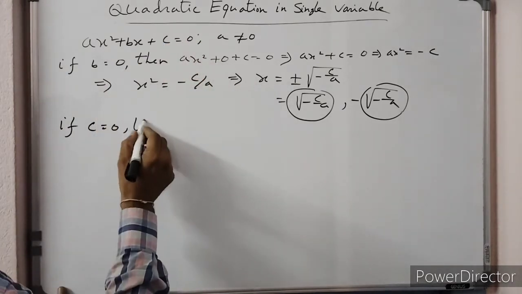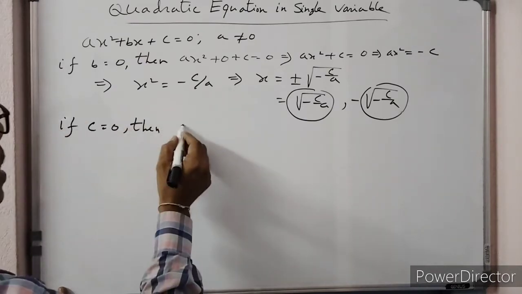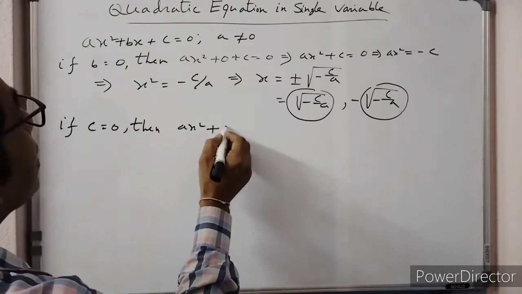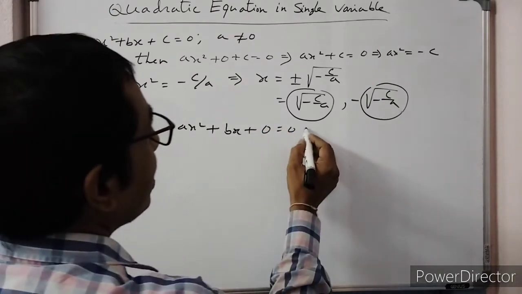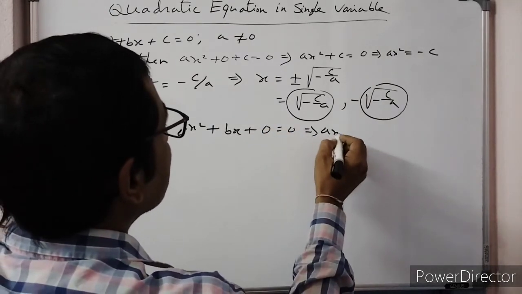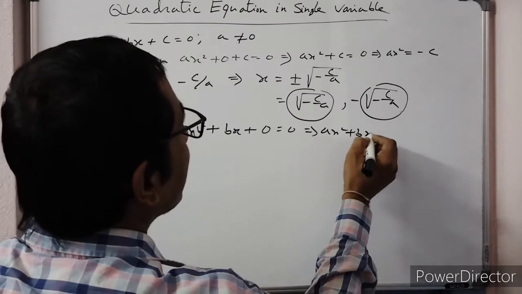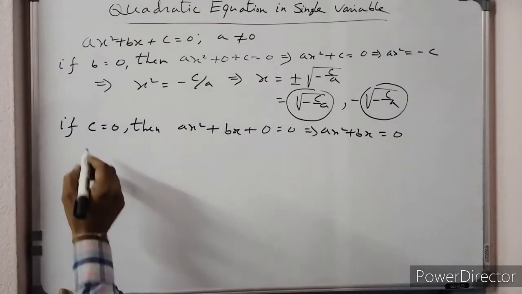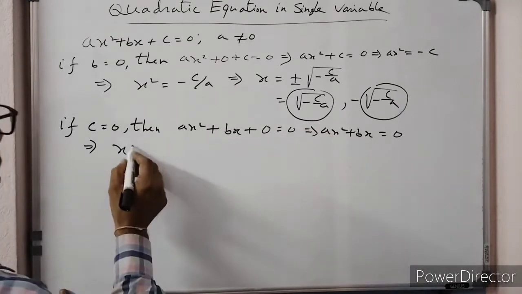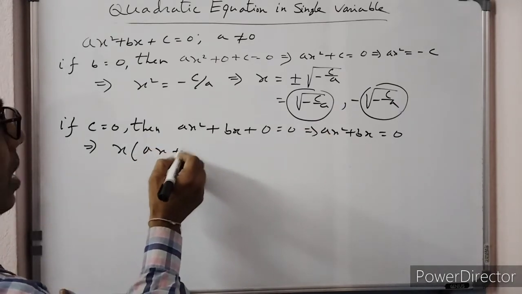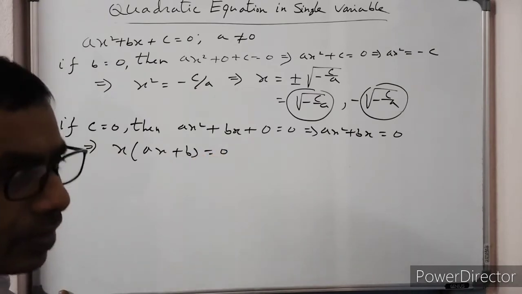then ax square plus bx plus 0 equal to 0. That implies ax square plus bx equal to 0. That implies x common, so x(ax plus b) equal to 0.